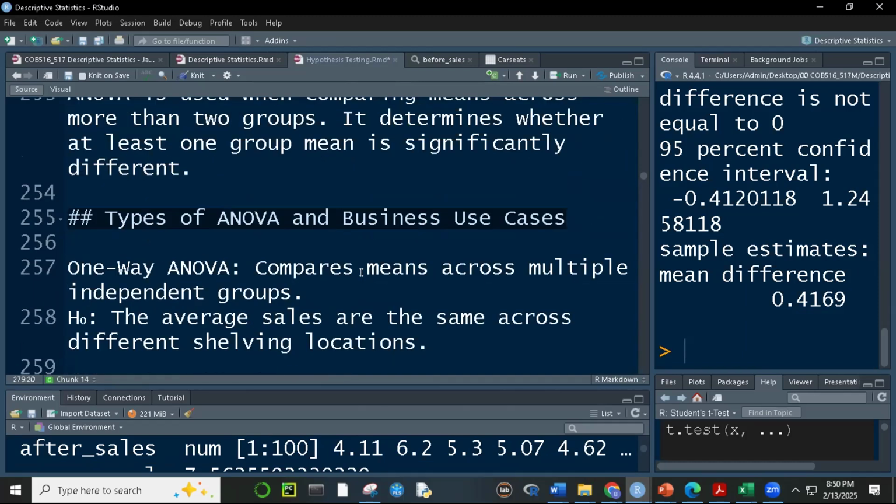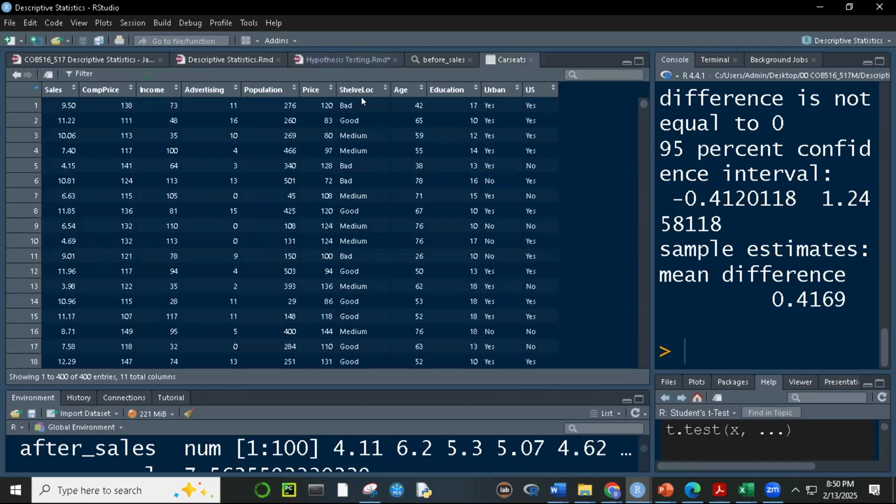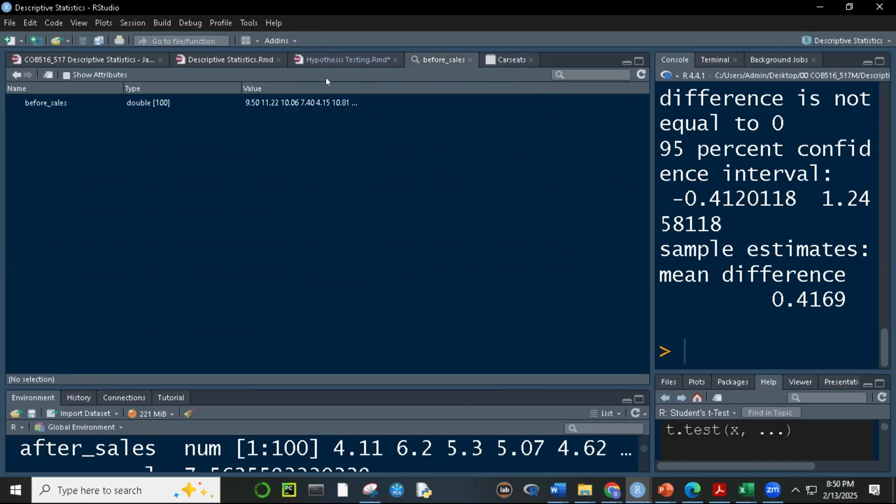This is the first one that we're going to see. It compares the means across multiple independent groups. For example, whether the average sales are the same across different shelving locations. In our data, you have shelf location: bad location, good location, and medium location. The question is, are the average sales for the bad, the good, and the medium the same?